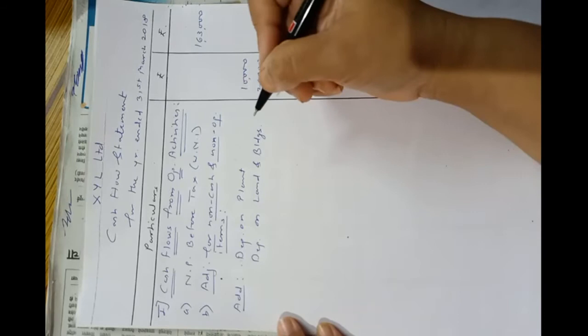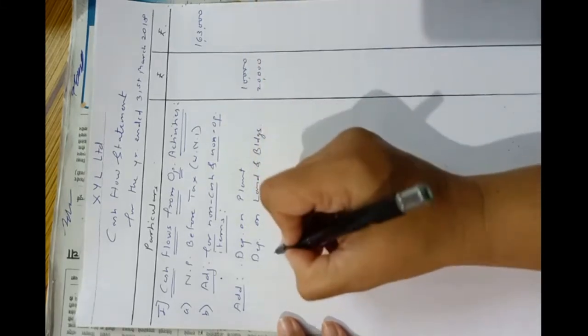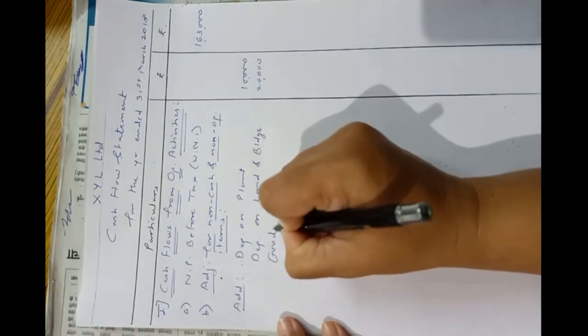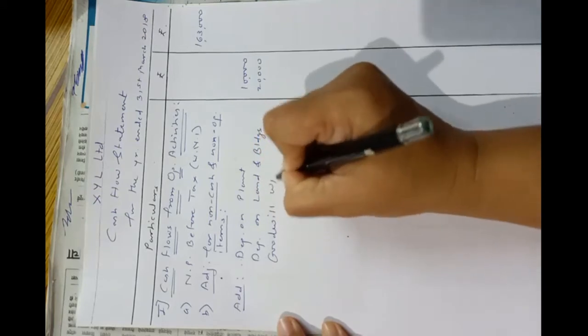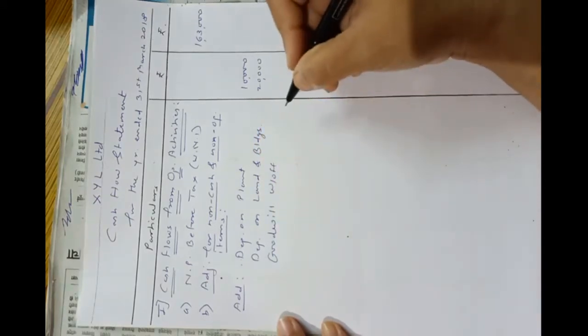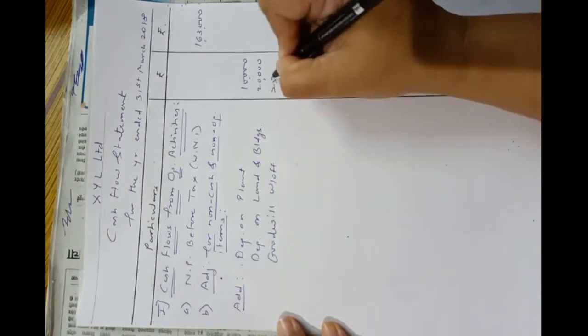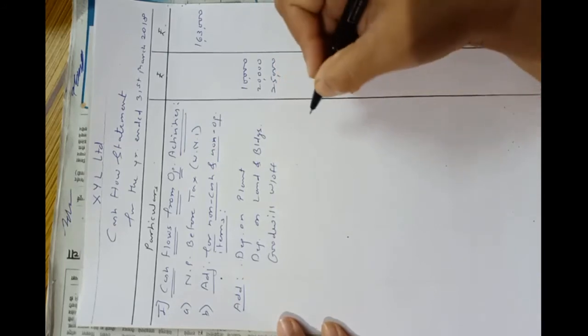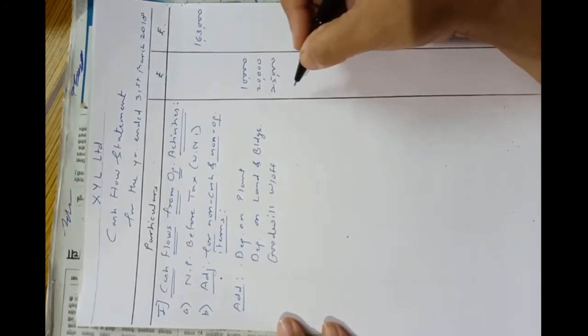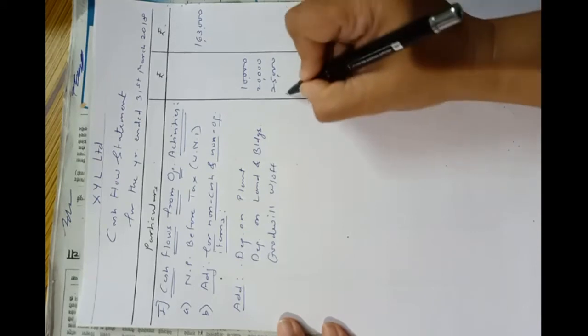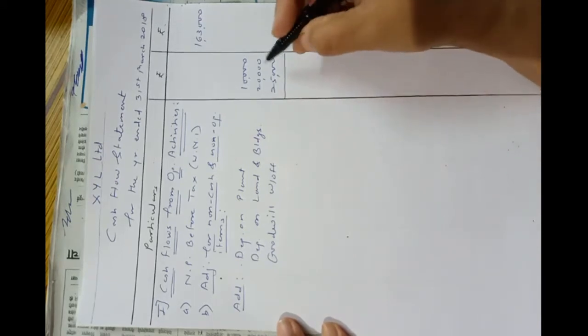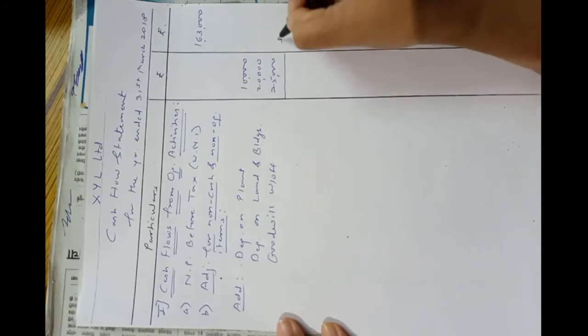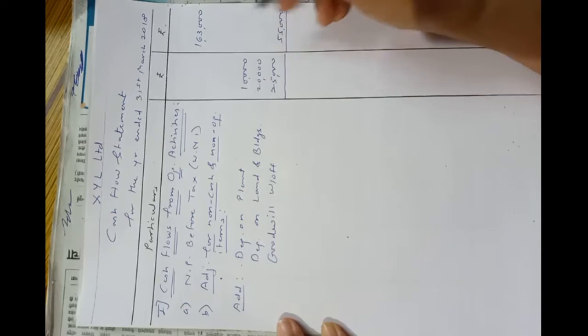Then there is goodwill written off by rupees 25,000. Only these three items are non-cash and non-operating items. So we will now add these three items. Total of these three items is 55,000. So we will add 55,000 to 1,63,000.